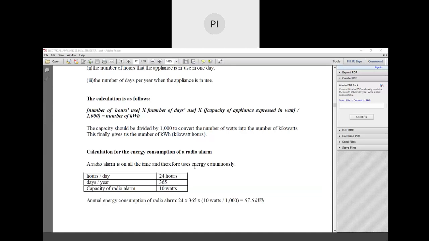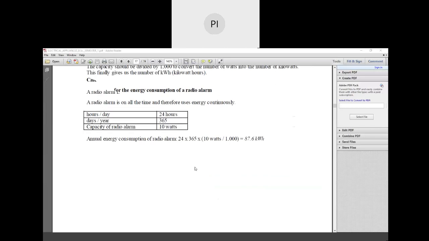That means the annual consumption of the radio alarm is 87.6 kilowatt hour, in local language 87.6 units, so 87 or 88 units.